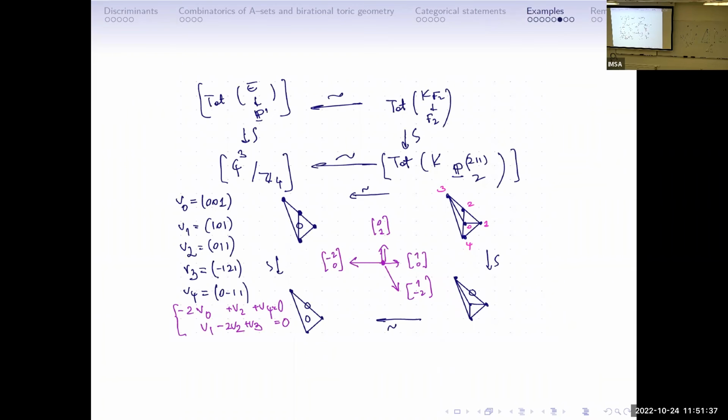The way we think about this, I wrote here the explicit form of the vectors. There are always relevant relations between them. That's how you compute, in this case, the Picard group.